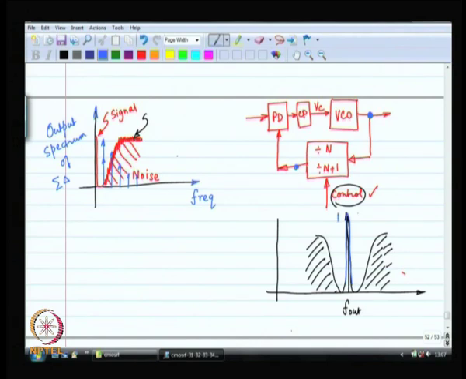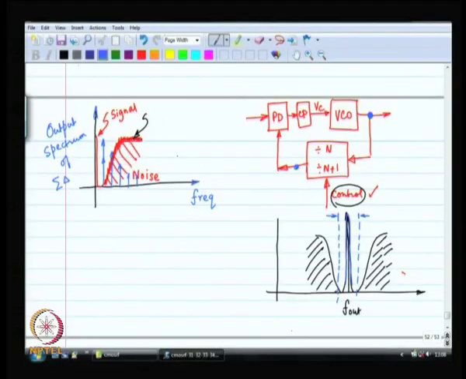So, let us say the loop bandwidth is this much. So, within that loop bandwidth, the phase noise of the reference is going to be tracked by the VCO, rather the VCO phase noise is irrelevant. Outside that, the VCO phase noise kicks in.